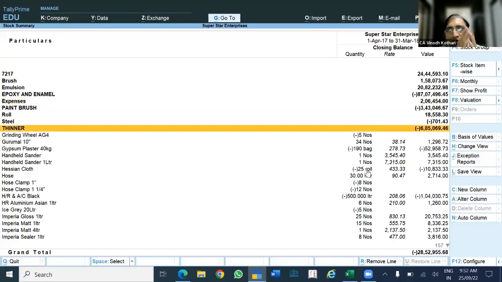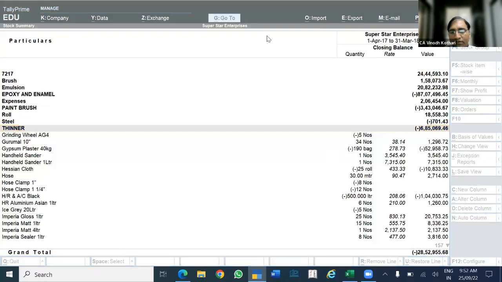Did you understand overall the structure of the stock, how it comes, how it goes and how it is valued? Any doubt? This is a very, very important part. Very basic level I have taken, but if you are strong in these basics, your stock maintenance will have a good impact on your total business valuation. You have to be very careful.